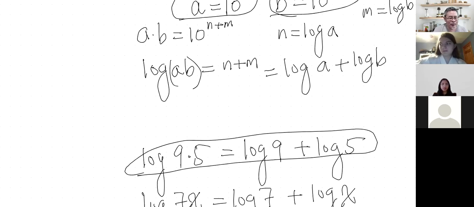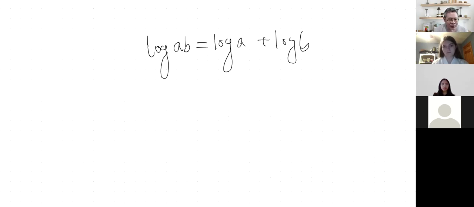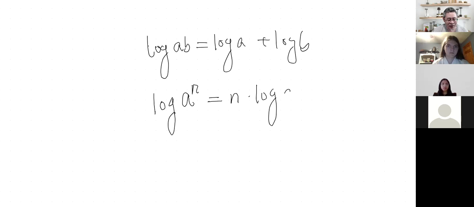Remember we have our first rule, log AB is log A plus log B. Now our second rule has to do with when we have log of A to the nth power, and we get n times log A. For example, log 3 to the 4th power, we simply write as 4 times log 3.